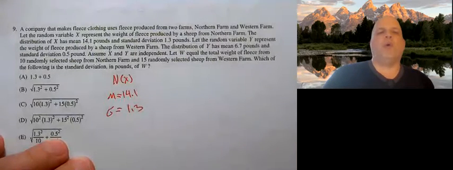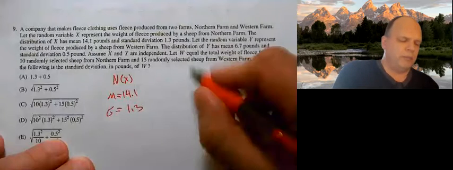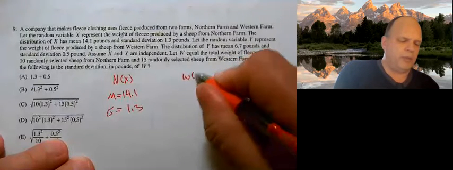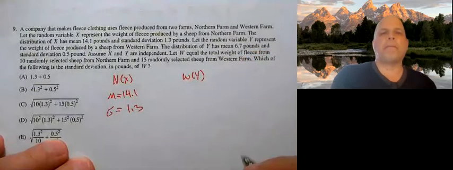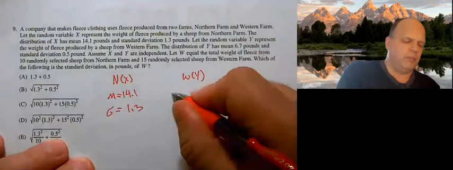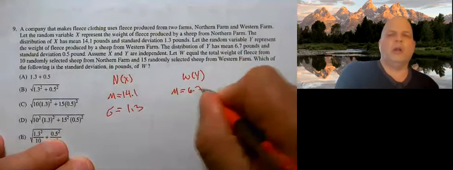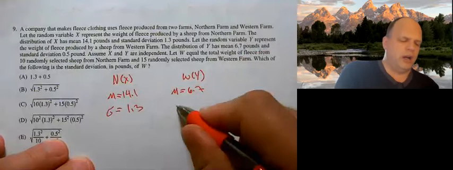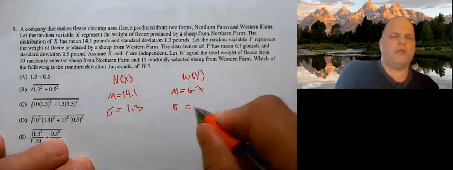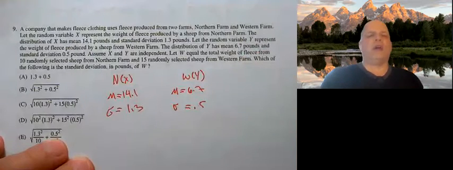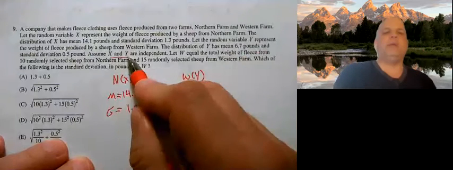Let the random variable Y represent Western Farm. So Western Farm happens to be the Y. The distribution of Y has a mean of 6.7 and a standard deviation of 0.5. We are going to assume X and Y are independent.